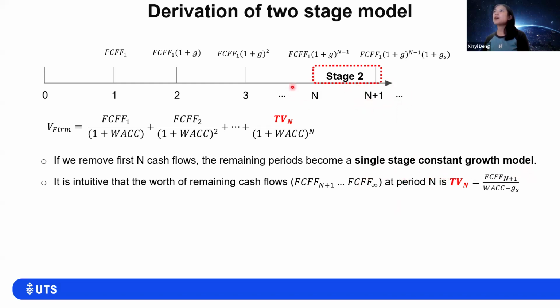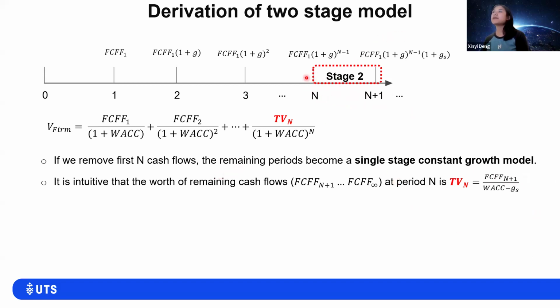So we can calculate the terminal value of these remaining cash flows at period N as FCFF N plus 1 divided by the difference between WACC and the lower growth rate of GS.